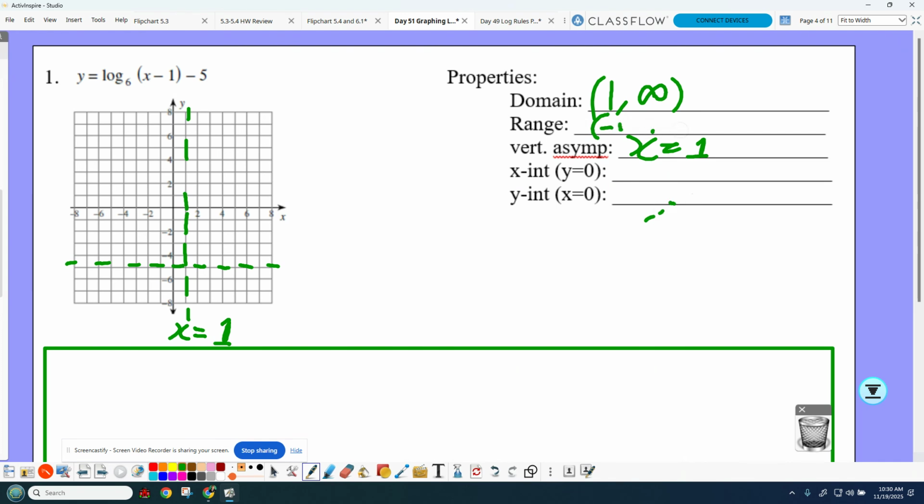And Tim, can you put up the sketch of the graph? It's a big piece.